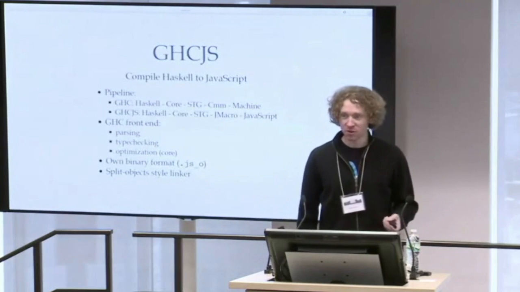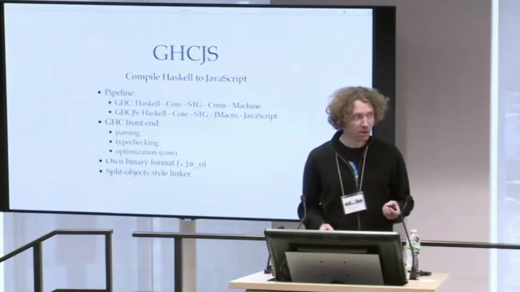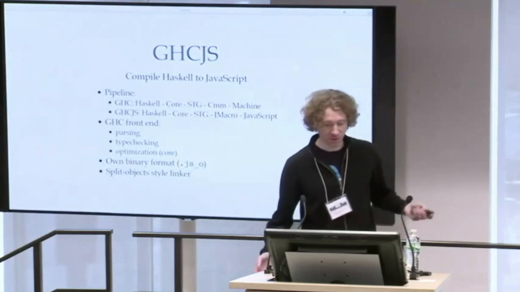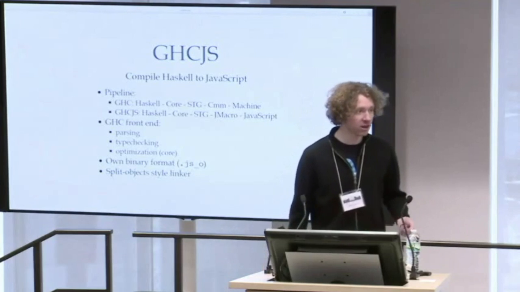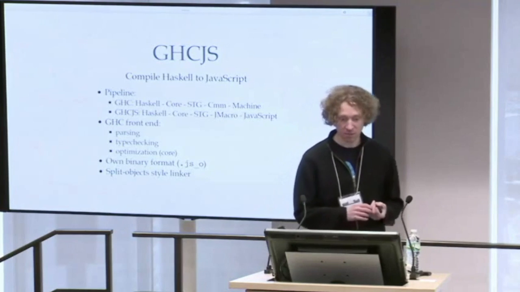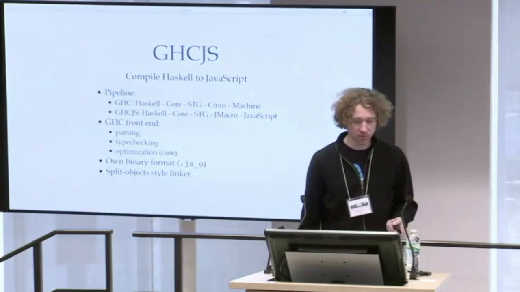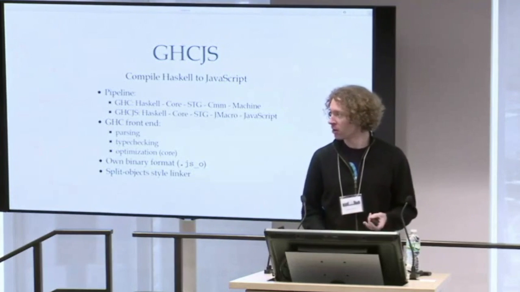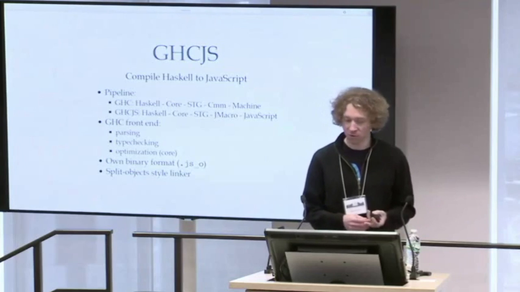Like Ryan said, it's an implementation of a Haskell compiler based on GHC, obviously from the name. It takes the GHC front end and generates JavaScript from the intermediate language. Normal GHC goes from Haskell to Core. The optimizer or simplifier rewrites the Core to something that's hopefully faster.